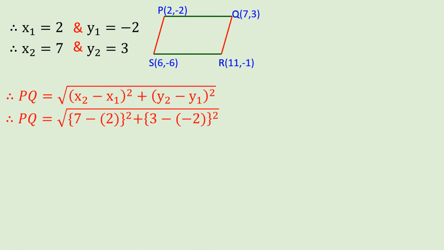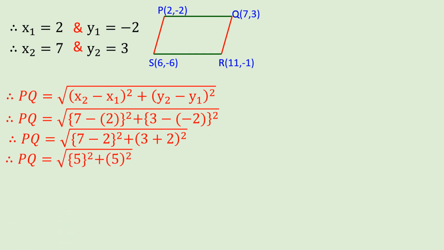Let's begin. 7 minus of minus 2. In the first bracket we have done the substitution, and in the second bracket also. Now we simplify: 7 plus 2, and 3 minus of minus 2 will become 3 plus 2.